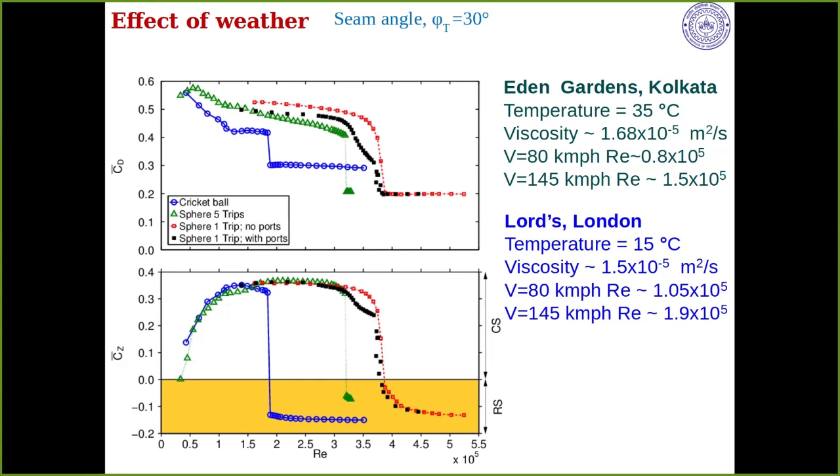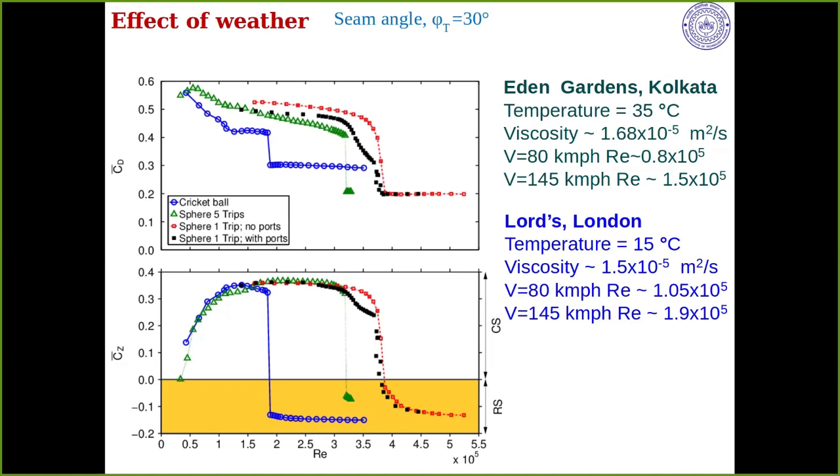In Kolkata, the temperature is around 35 on a warm day, not a hot day. Here it is 15 at Lords. So the viscosity of the air, density, that's the difference. For 80 kilometers per hour in Kolkata, Ganguly's delivery Reynolds number is 0.8 into 10 to the 5th.